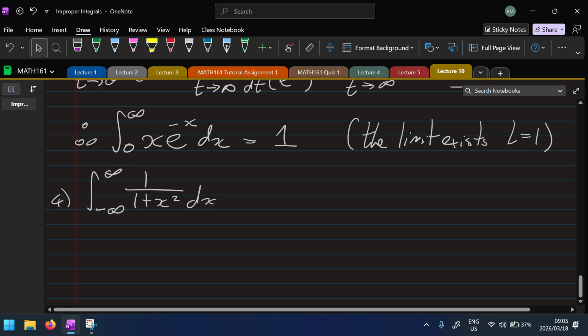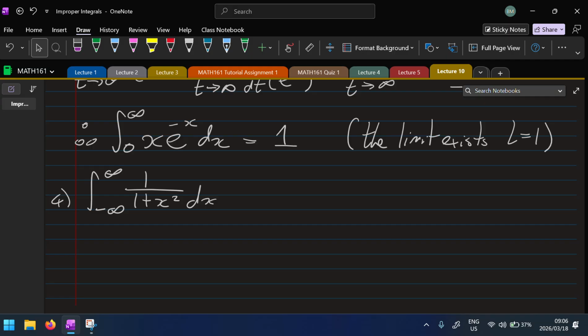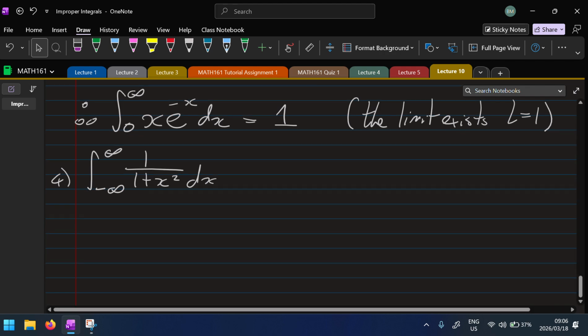Okay, so how do we split it? Well, this is an even function, 1 over 1 plus x squared. So we can split it into the negative part from minus infinity to 0, then the positive part from 0 to infinity. Right? If it's even, we can split it like that. If it's not even, you need to think a bit more about it.